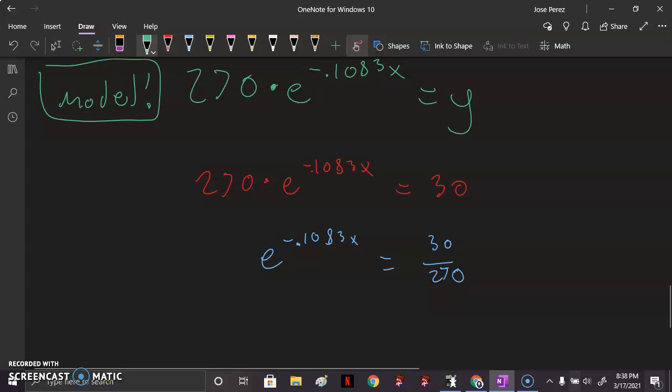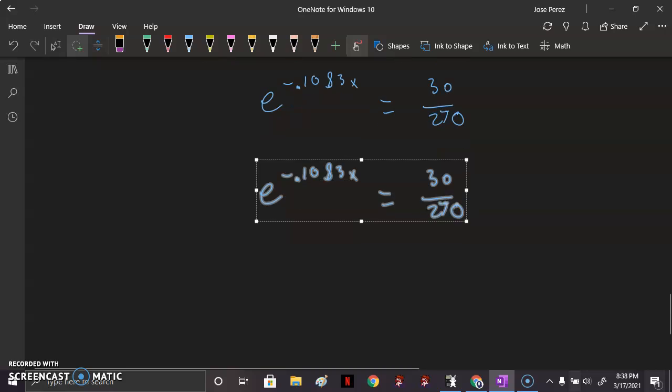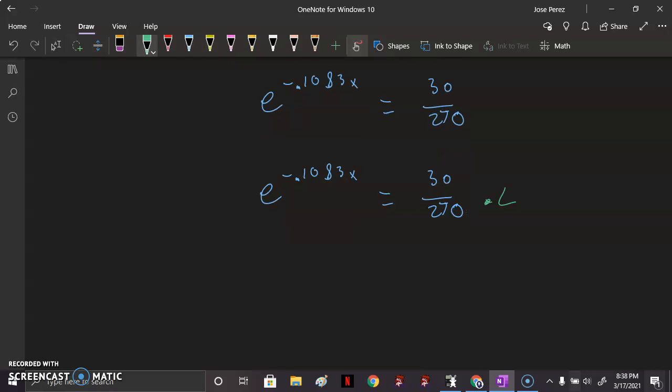And we're going to use natural logs again, natural logarithms. Let's move down a little bit, and we're going to multiply by ln on both sides. And if you remember what we talked about, natural logs with e cancel out. So these two cancel out, and this one stays together.